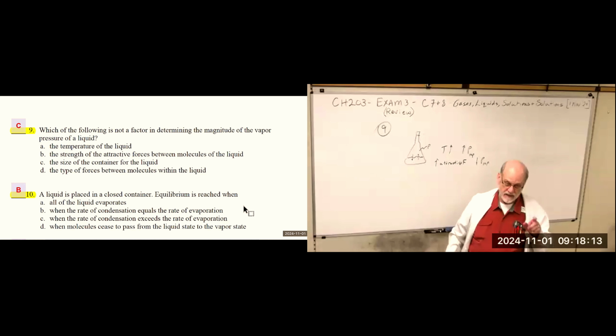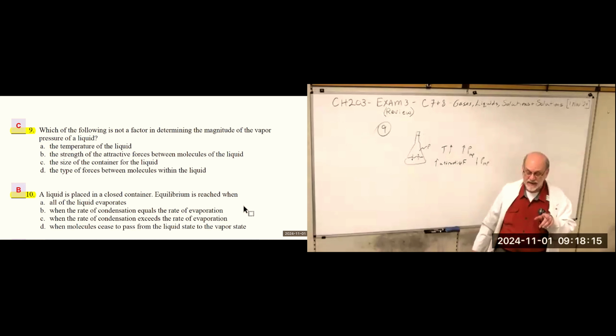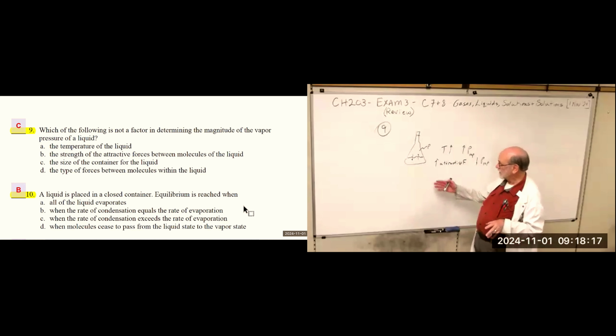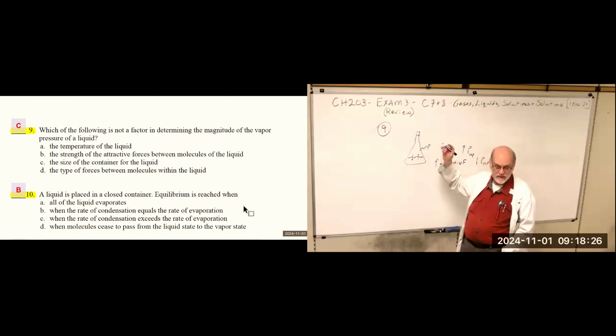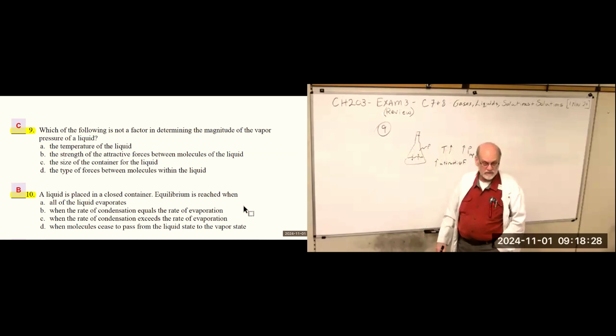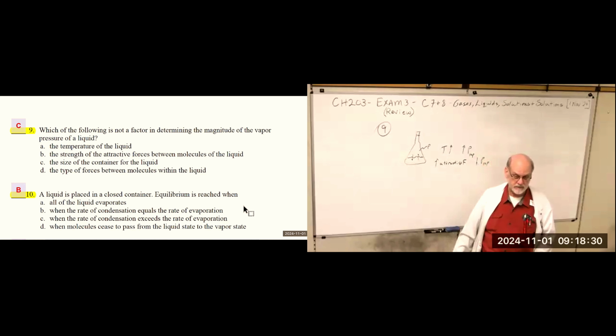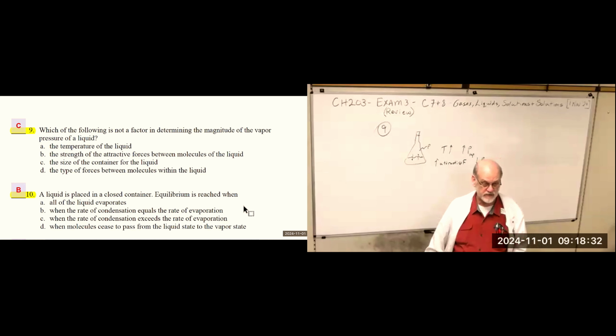No. The size of the container does not matter as long as you still have some liquid there. Because if the container is so big that all the liquid evaporates, then you can't have an equilibrium. So that doesn't produce a vapor pressure that's valid.